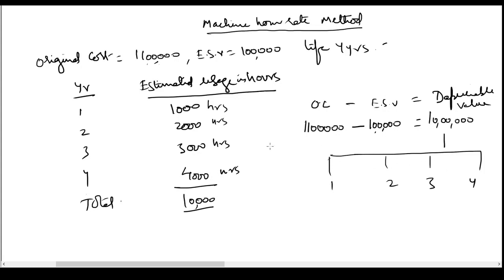But in this problem, you are given the usage pattern. We know that in first year we are using only 1000 hours, second year 2000 hours, third year 3000 hours, 4000 hours in the fourth year. So the depreciation has to be charged in a way which is representative of the usage of the asset, because if you use the machine these many hours, you will produce some goods and the revenue will also be booked.